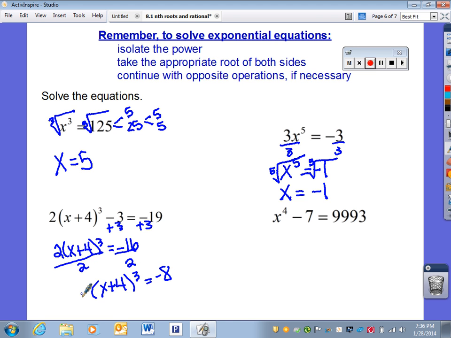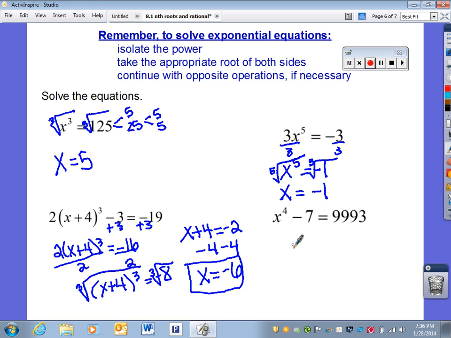We need to do the opposite operation since we've isolated the power, which means we're going to take the cube root of both sides. What number times itself 3 times gives us negative 8? And that's going to be a negative 2. So we have x plus 4 is equal to negative 2. And when we subtract 4 from both sides, x is equal to a negative 6.